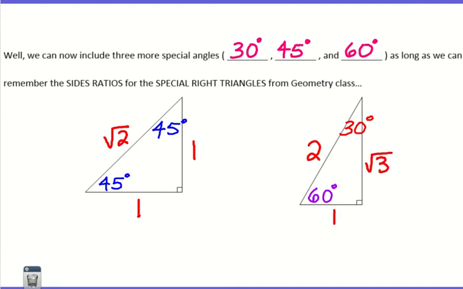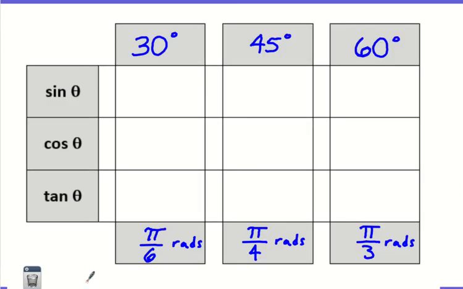Anyway, there it is. And in my class, on our very first test, you're going to need to have this memorized. So just saying, you got to remember that 45, 45, 90 is a 1, 1, root 2 relationship. And the 30, 60, 90 would be a 1, 2, square root of 3 relationship. Got to have that memorized.